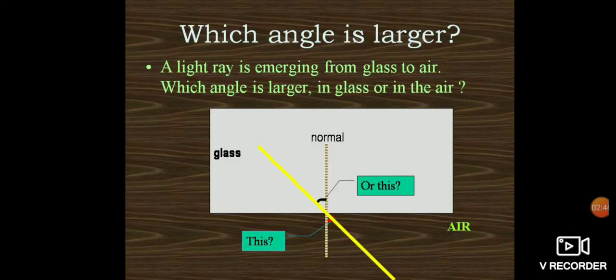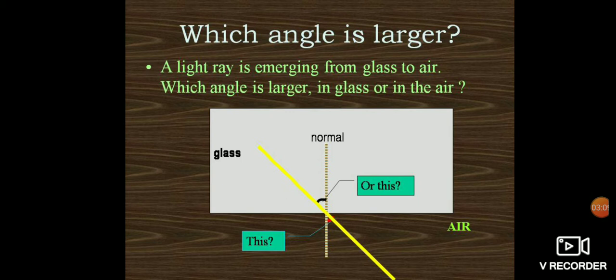Which angle is larger? A light ray is emerging from glass to air. Which angle is larger, in glass or in air? If you see the normals, the yellow line shows the glass, and this is the angle of incidence, and the medium is air.